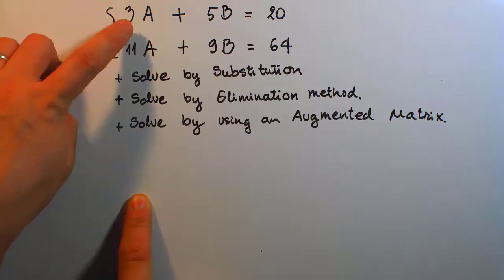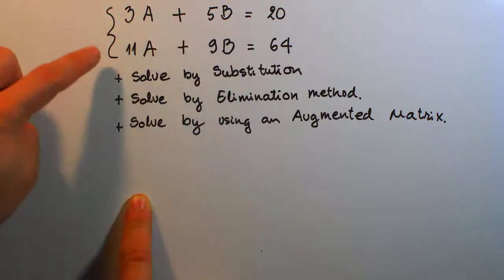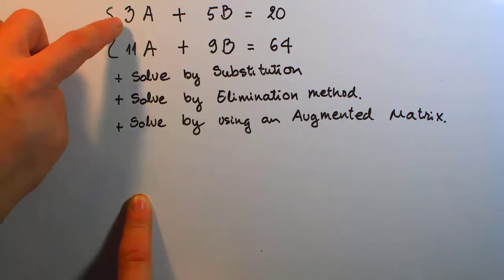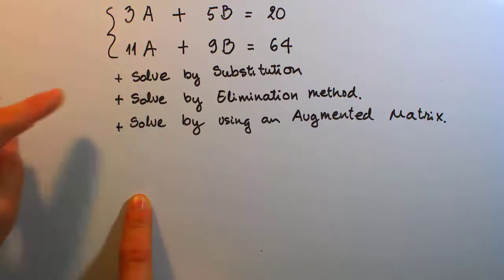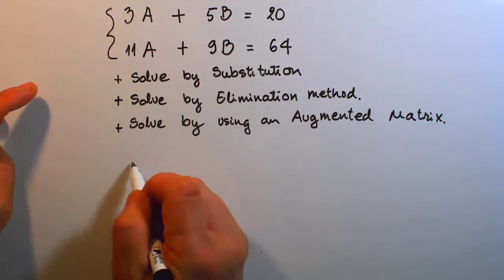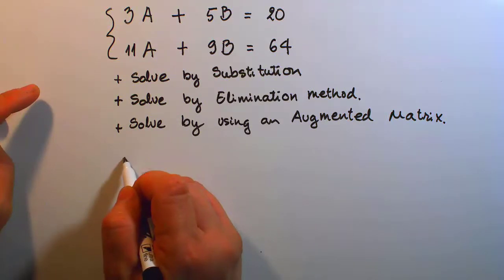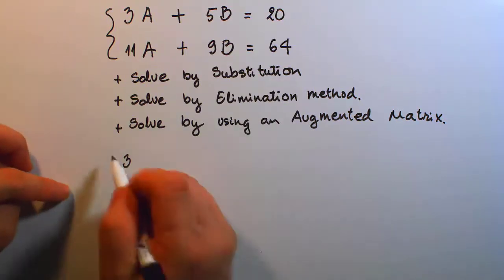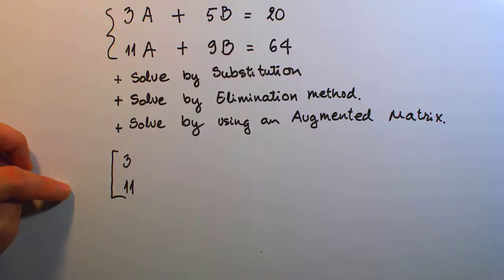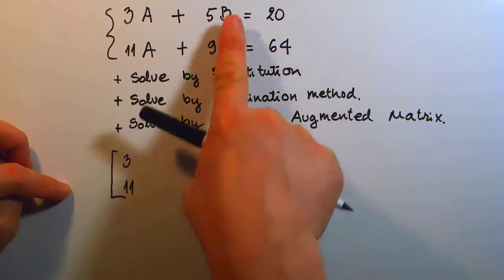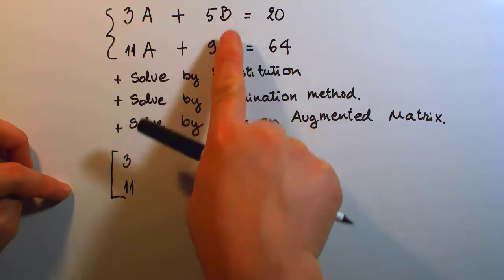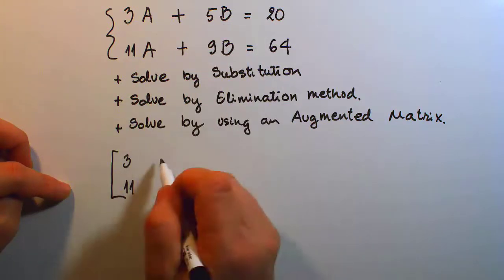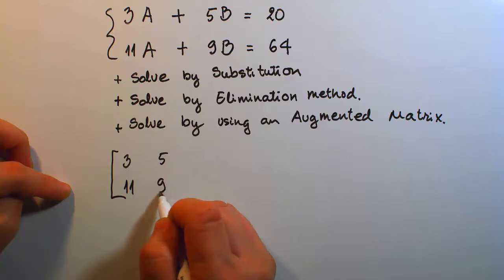Notice how the variables are lined up in columns. According to the column for A, we have 3 times A and 11 times A in the bottom row. So here we have a column reading 3 and 11. Looking at the next variable, lined up in one column among the two rows, we have a column of 5 and 9.